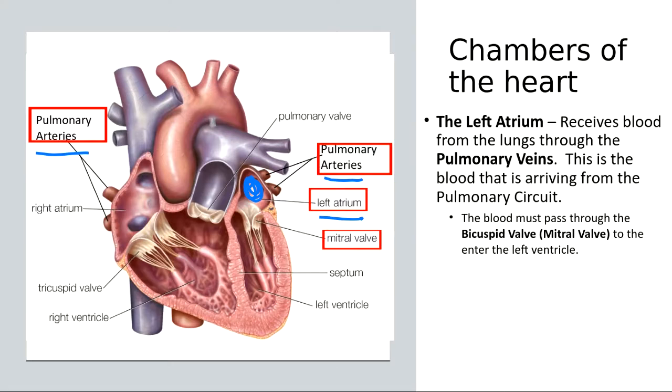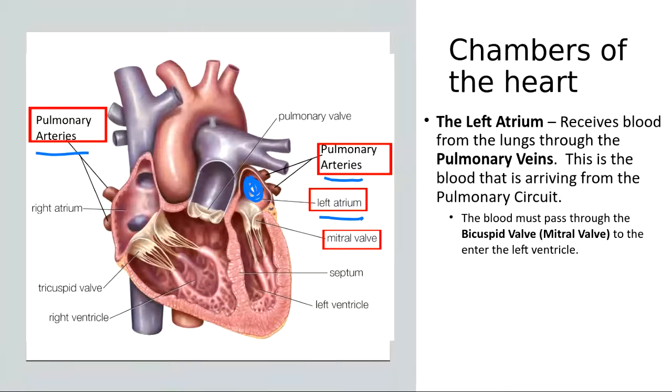So the left atrium is the receiving chamber of blood from the lungs. This is from the pulmonary circuit. So you have the pulmonary circuit, which is blood from the heart to the lungs and from the lungs to the heart. And you have the systemic circuit from the heart to the body and from the body to the heart.